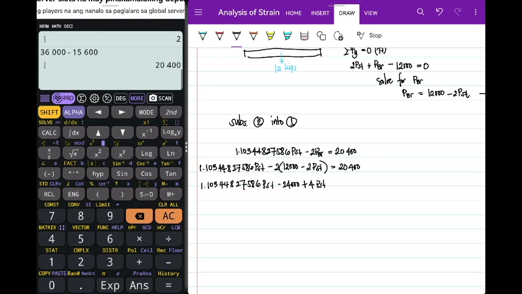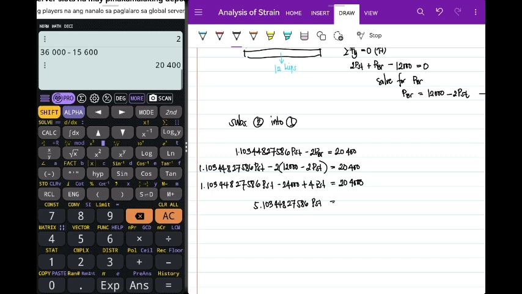Now we solve. We do the parenthesis first. So that's negative 2 times 12,000, that's a negative 24,000, plus negative 2 times negative 2 P sub ST, so that's positive 4 P sub ST. And we do add our 4 P sub ST and 1.10344.